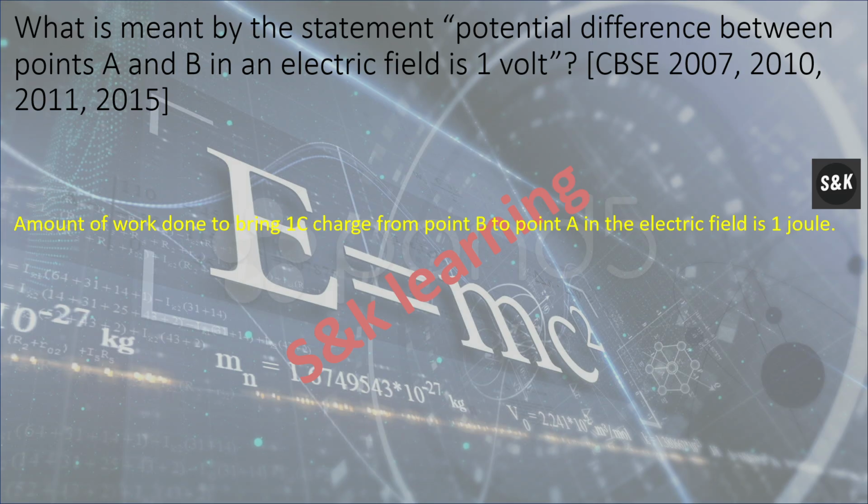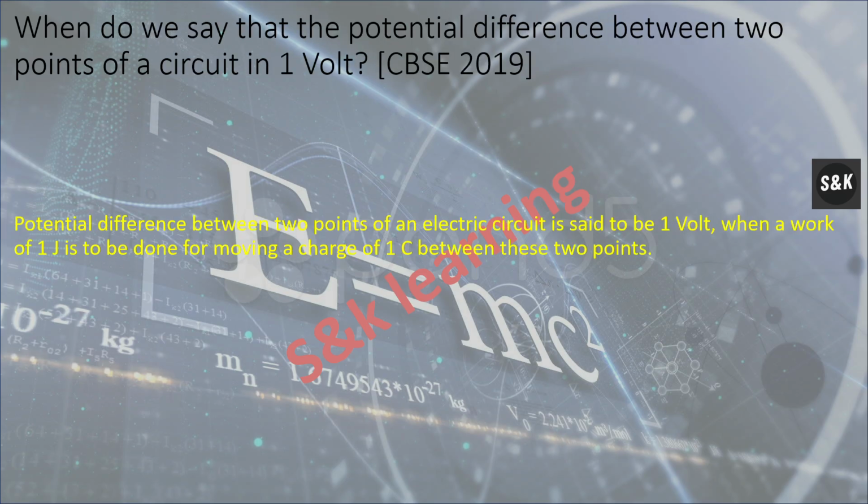Amount of work done to bring 1 coulomb of charge from point B to point A with 1 joule of energy is called 1 volt of potential difference.